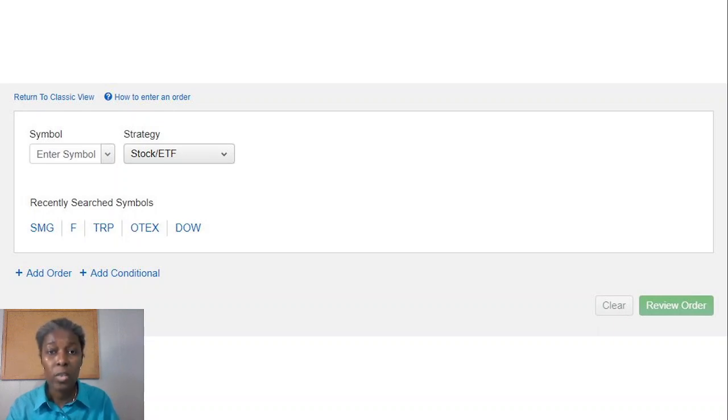The difference between the Roth IRA and the brokerage account is that with the brokerage account you can withdraw money out of it. If you sell stocks there, you have profit, you can withdraw your money anytime you want.